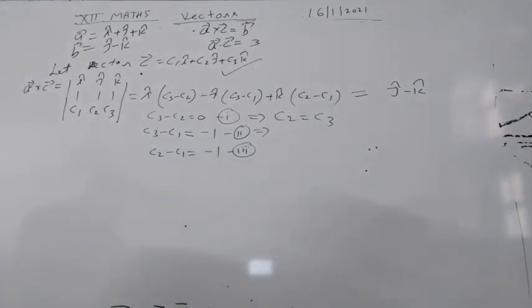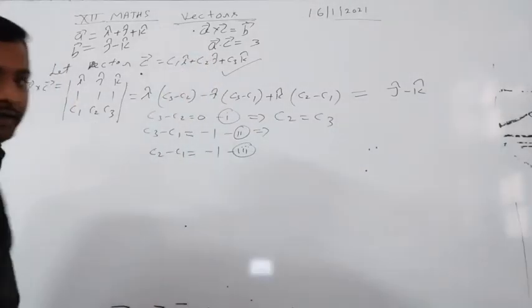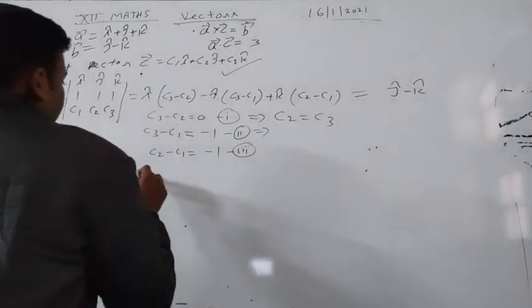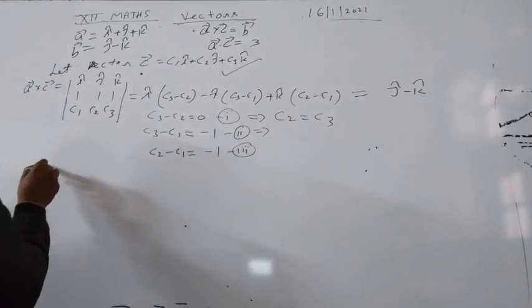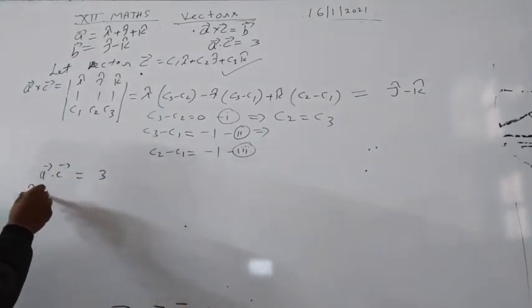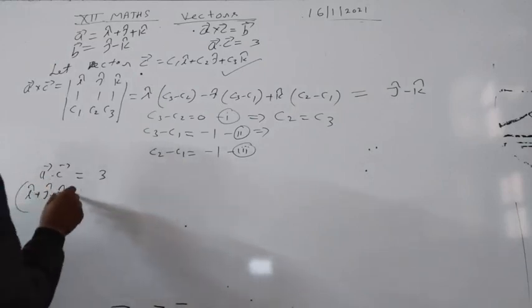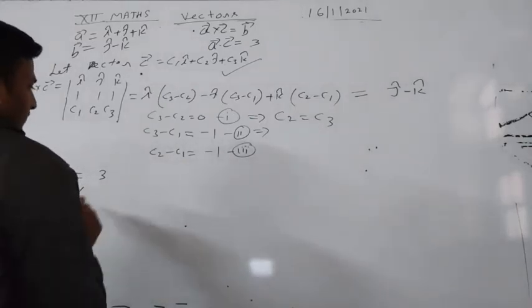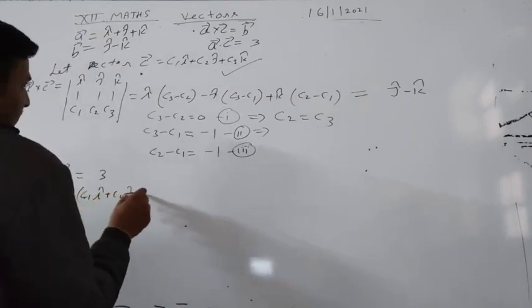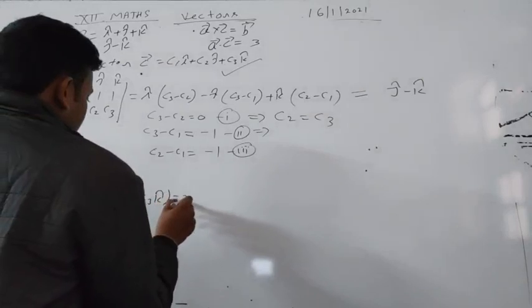Now student, we are seeing that our second condition is A dot C is equal to 3. So we write A dot C is equal to 3. A is I plus J plus K dot C, which is C1I, C2J, C3K, which is equal to 3.